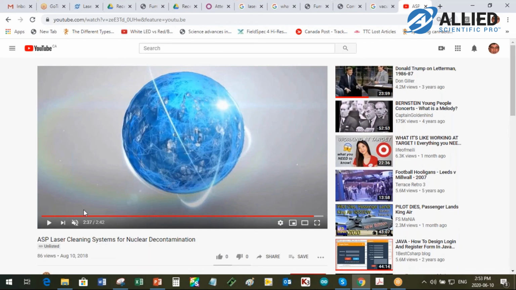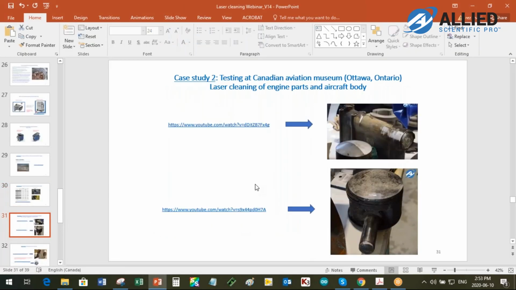Okay, so this was all the measurements at Permafix. Now we have another case study. This was done at the Canada Aviation Museum in Ottawa, where you can see this engine that has oil and soot on it being cleaned.